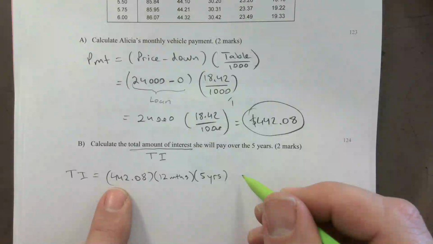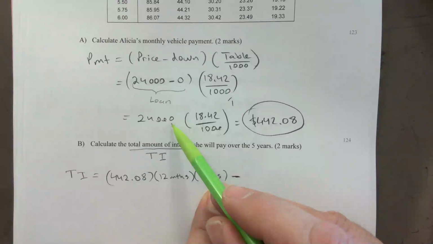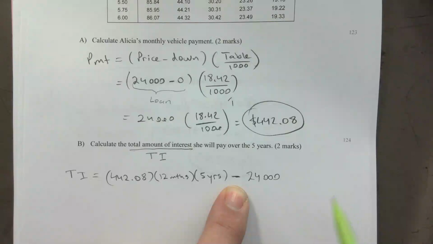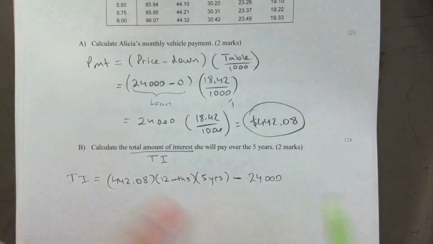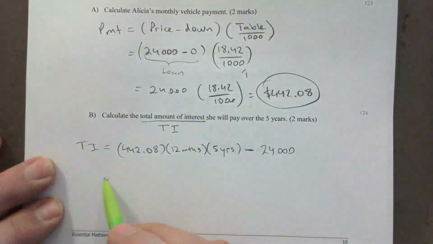So you will get how much you paid them over the 5 years minus whatever the loan is, which is in this case $24,000. But keep in mind there was no down payment. Could have been less than what the car was purchased for originally.